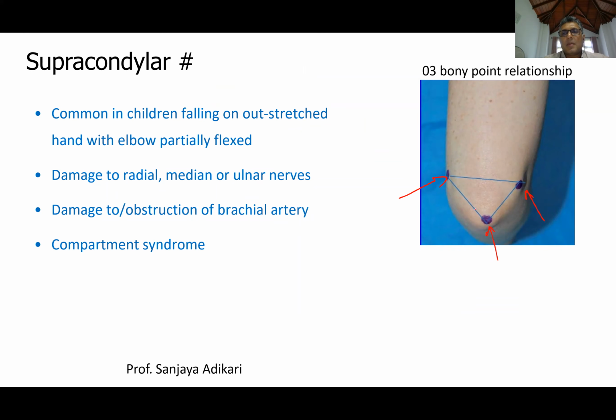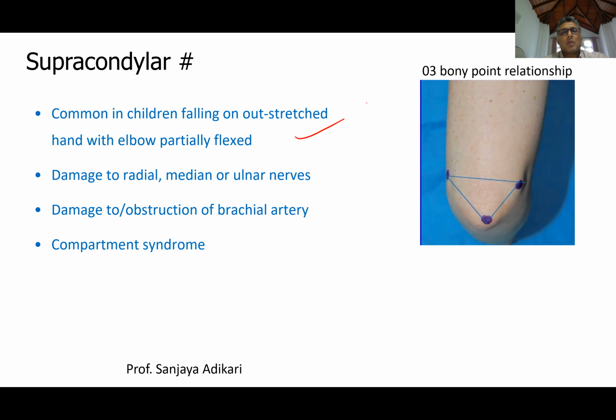So if this part is dislocated, this relationship will change, the triangular relationship between the three bony points. That's how you differentiate between supracondylar fractures and elbow dislocation if there is no X-ray available. Again, it's common in children falling on the outstretched hand.